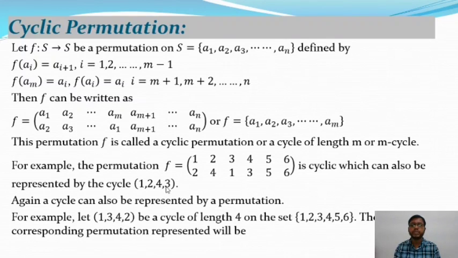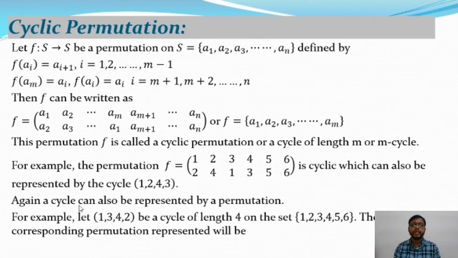Just replacing the position in the cycle, they are the same. So that is a permutation of degree 6. It is cyclic, and it can be represented by a cycle with 4 elements: 1, 2, 4, 3.